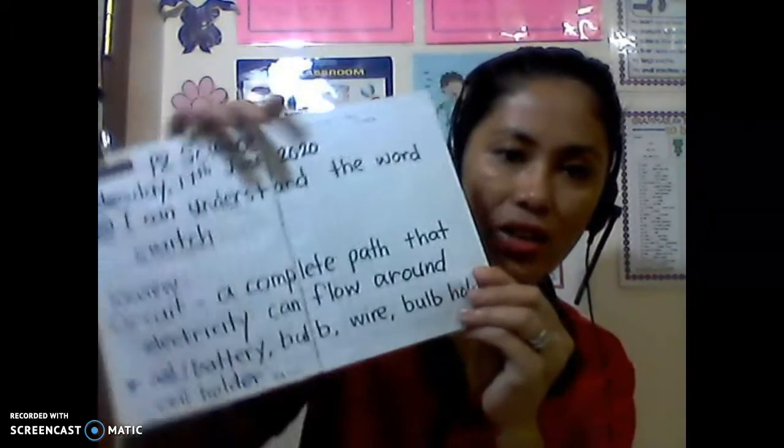Again, today we're gonna talk about switch. Before we go deeper into the word switch, we're going to review first. What is a circuit? I know you knew this already because I know that you are all smart. I have written here the definition.